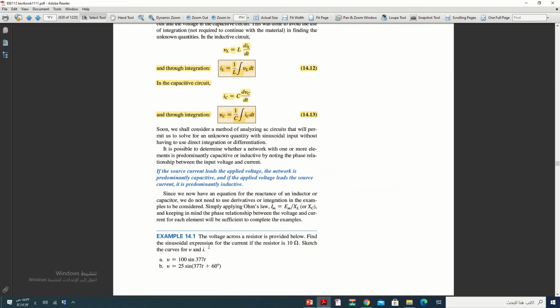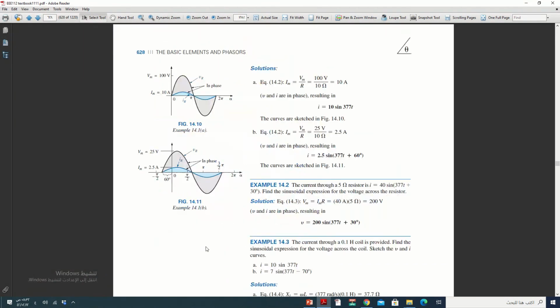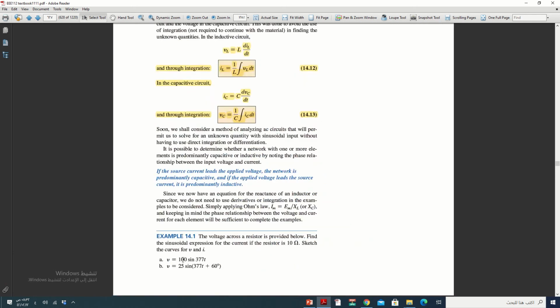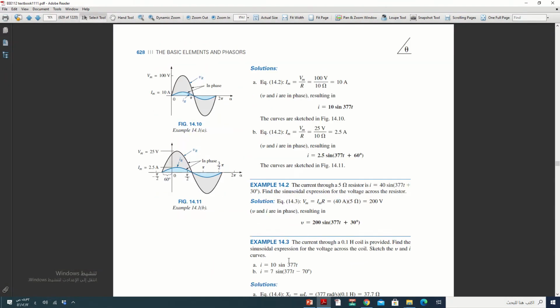V equals 100 sine 377 t. 377 is the omega. First we need to find the peak, which is Vm over R. Vm here is 100, and the resistor is 10. 100 over 10 is 10 ampere.